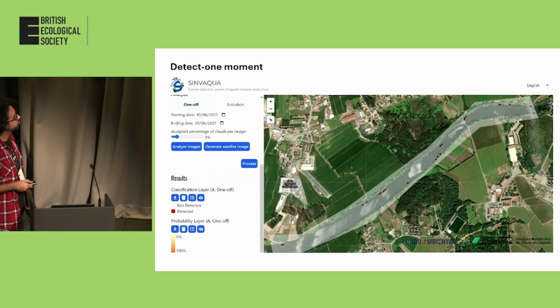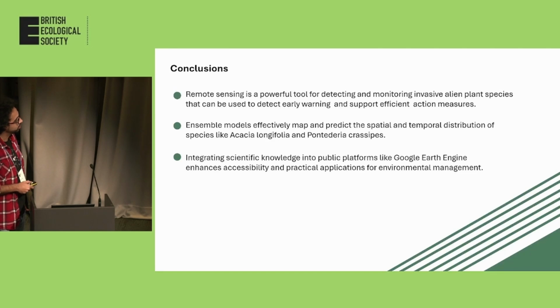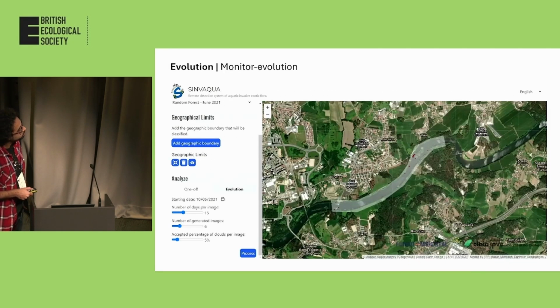But if he wants to see evolution, we did it like this. We asked for the starting date, how many days he wants between each image, how many images he wants to be generated, and also the percentage of clouds, and it should be starting. It's moving.